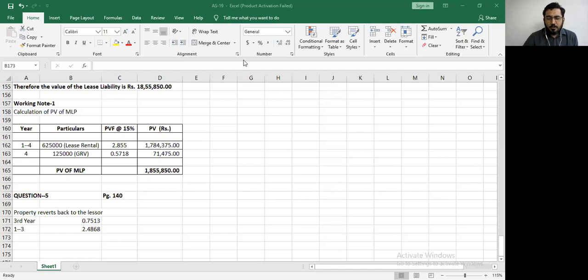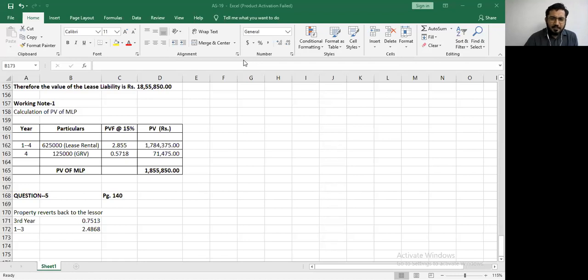Okay, she says if nothing is given, then we will take the lower of lease tenure or expected useful life. Even if you take the lower of lease tenure or useful life, I still didn't understand how you got 333,333. Please show us the working. Okay, so you are saying 10 lakhs and you have taken 3. Can you tell me where it is written?